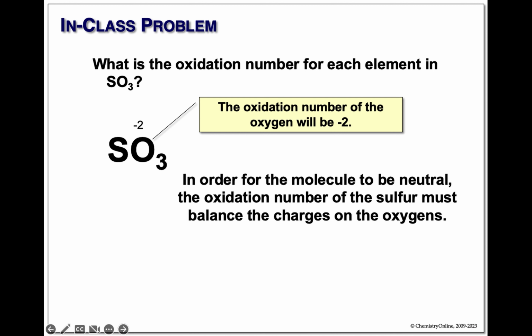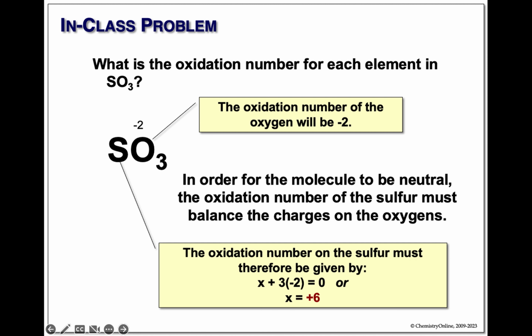Now this whole compound must be neutral. So what's the oxidation number of the sulfur? It has to balance these 6 negatives. So it's going to be +6. That's not hard, is it?